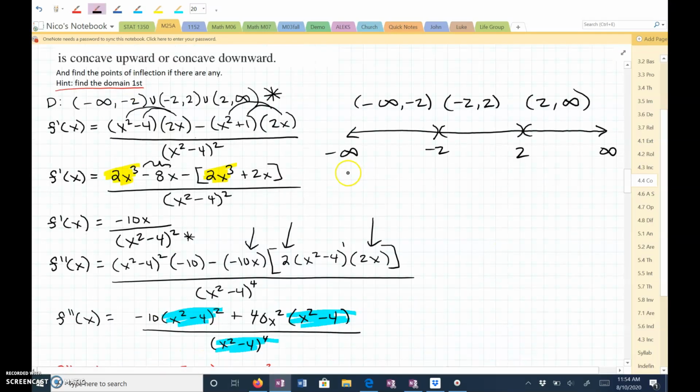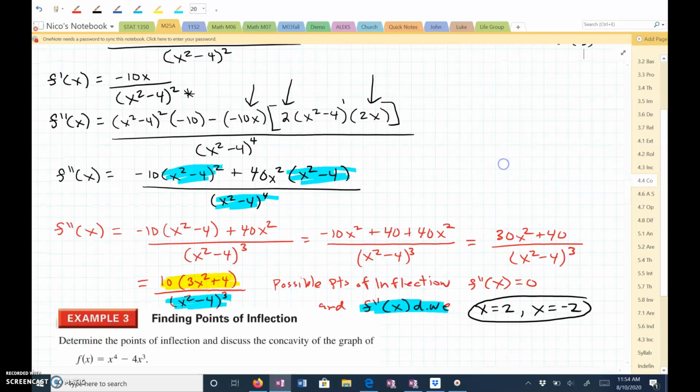So here, let's check f double prime of negative 3. Here let's check f double prime of 0. And here let's check f double prime of 3. So, numerator, no matter what you pick, it's going to be positive.